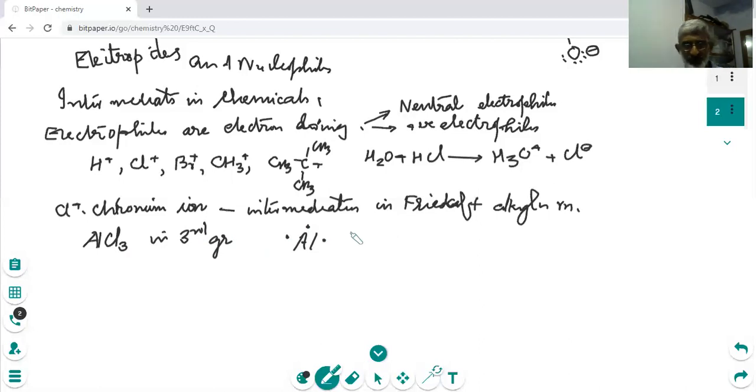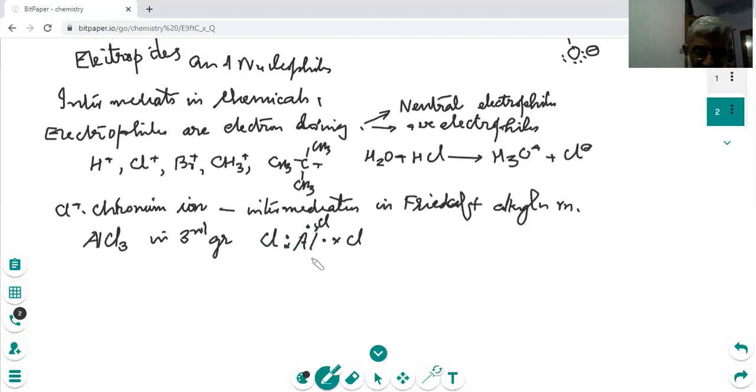Now, each chlorine forms a bond with aluminum. This molecule is neutral. But you can see here, the aluminum has only 6 electrons in its outermost orbital.